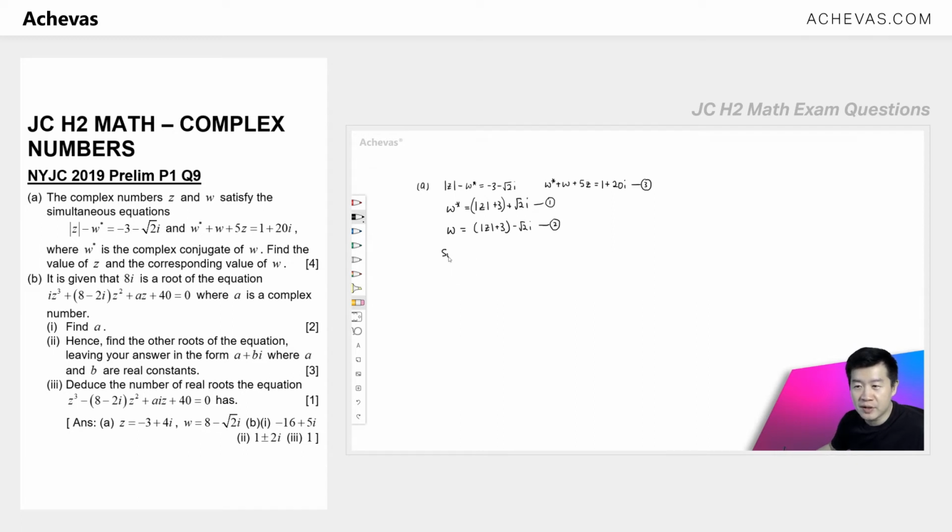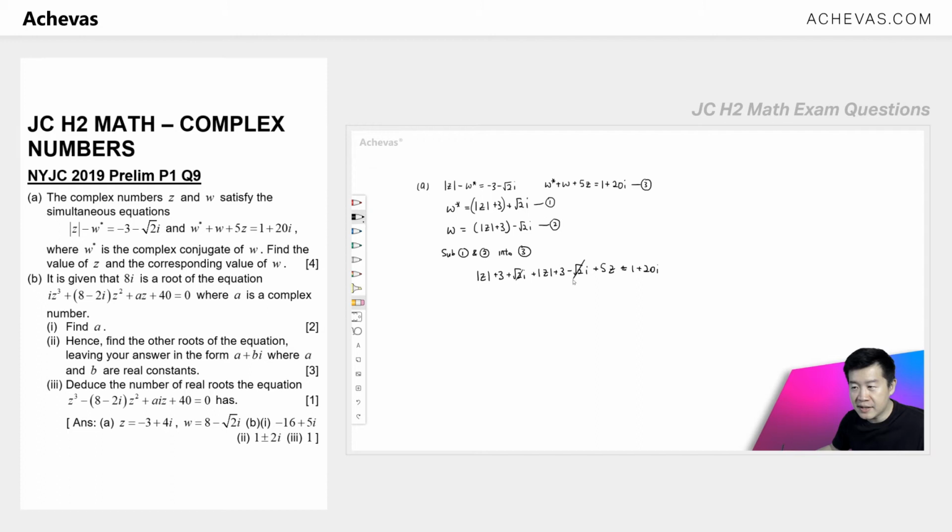We will substitute equation number 1 and equation number 2 into equation number 3. So w conjugate, I will replace it by modulus of z plus 3 plus square root of 2i. And w here, we will replace it by modulus of z plus 3 minus square root of 2i, then plus 5z is equal to 1 plus 20i.